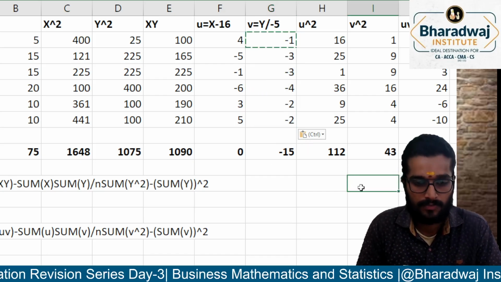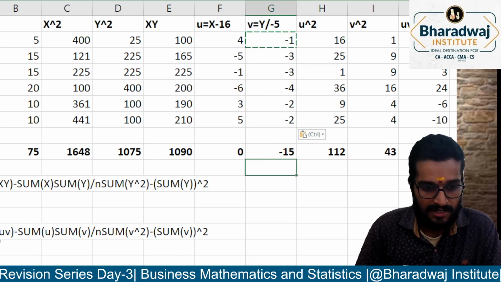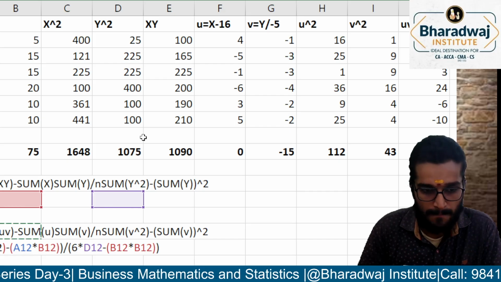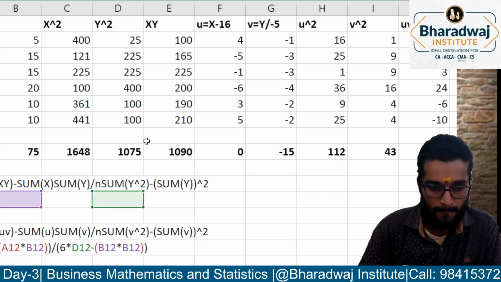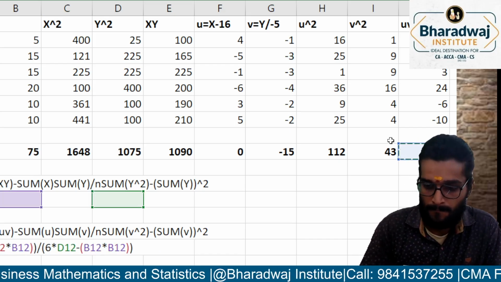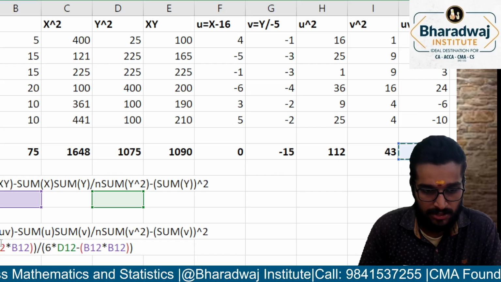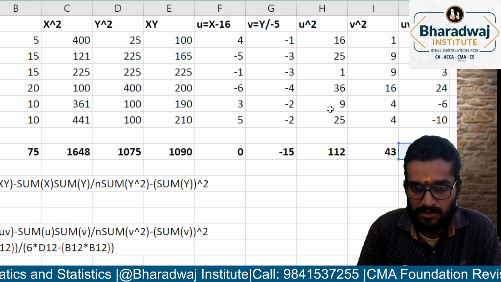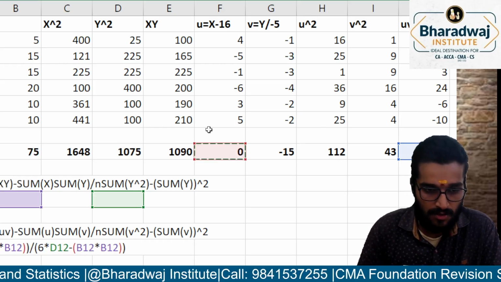Clear? Now n times summation uv equals 6 times, what is summation uv? Minus summation u, summation v. What is summation u? 0. What is summation v?